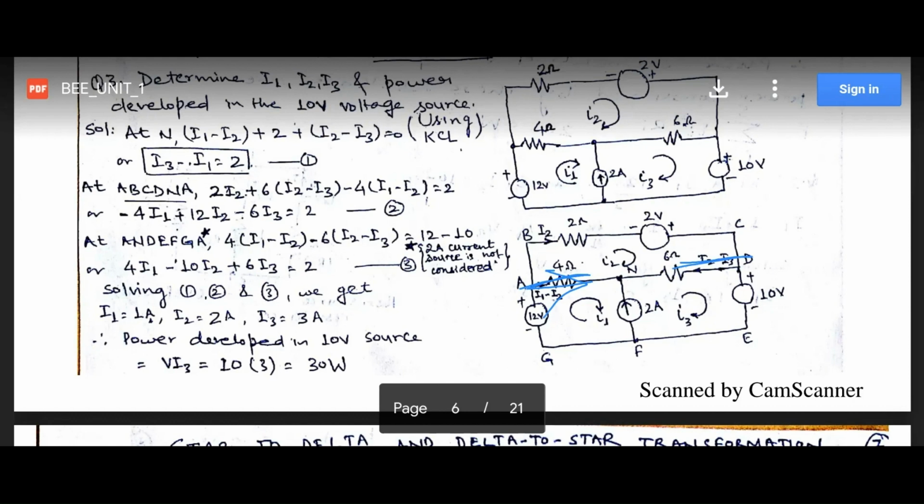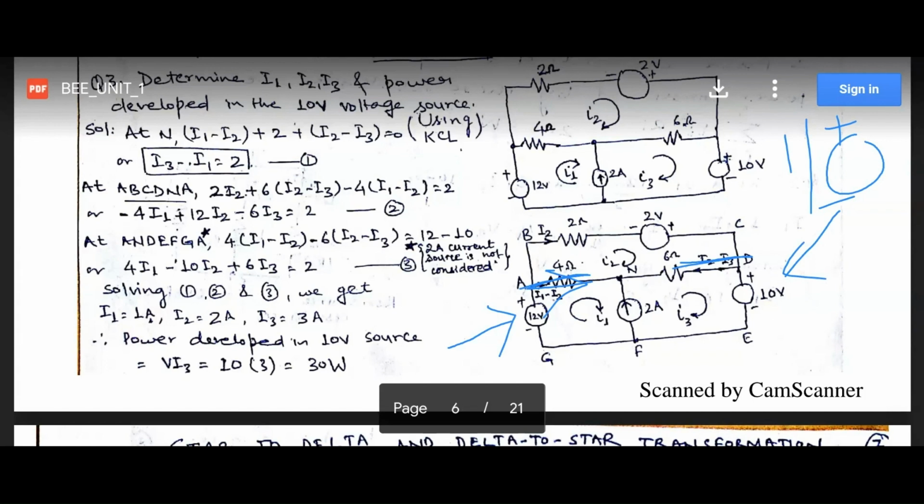Now this 12 volt battery is there and here a 10 volt battery is there. Again, the polarity of these battery sources is different. A battery source can be drawn in this fashion or in this fashion as well, where you draw a circle and mark positive and negative on it. So the effective voltage is 2 volts.